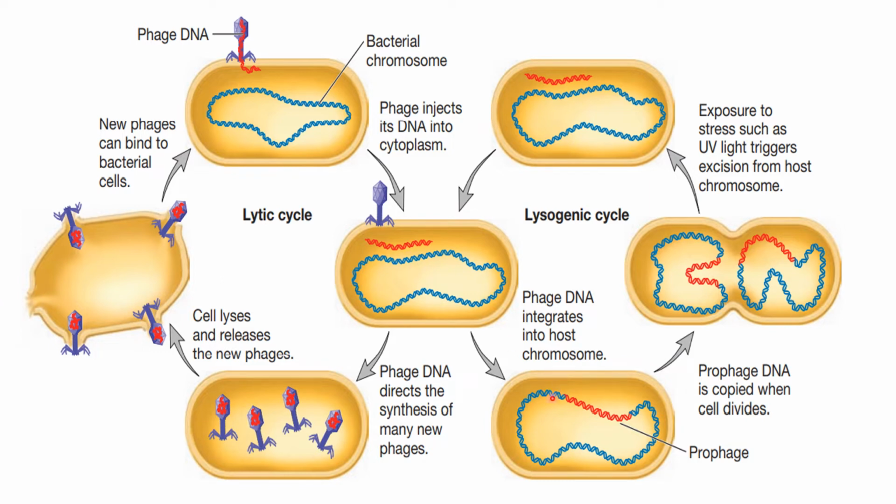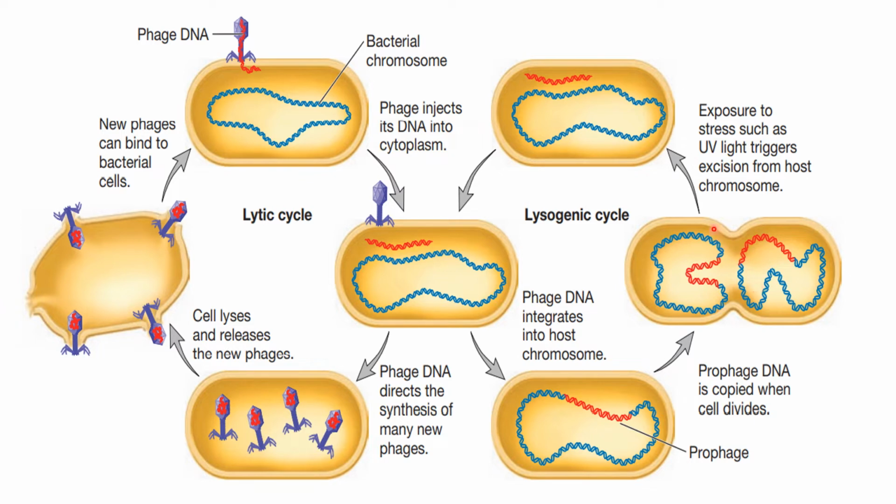So this is the third step where the phage DNA has integrated with the bacterial chromosome. In this state, the viral DNA will be called a prophage, and it will be carried from one generation to the next for many generations. That is, when bacterial replication happens, along with the bacterial DNA, the phage DNA will also get replicated. So in this condition also, the viral DNA will undergo multiplication.